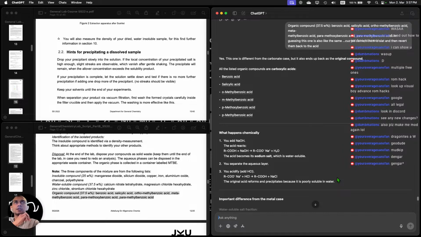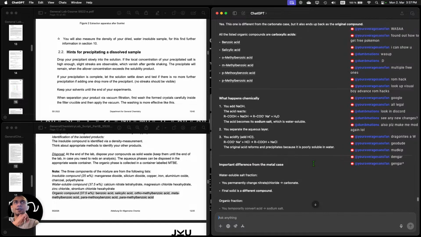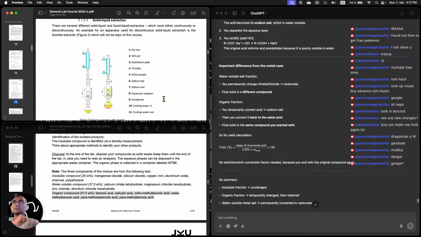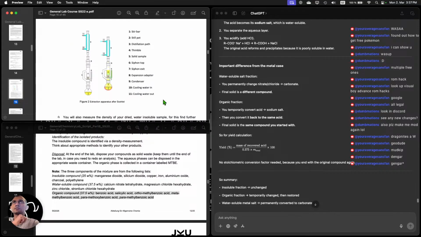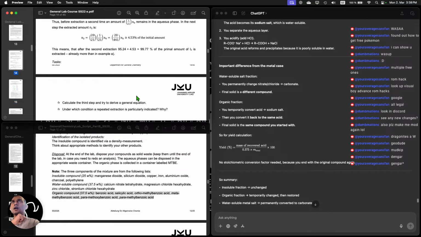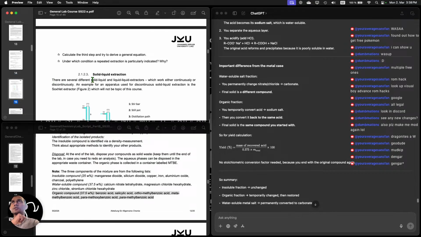RCOOH plus NaOH gives RCOONa. Yay. You will measure the density of your dried water-insoluble sample. For this, find further information in section 10. There are several different solid-liquid and liquid-liquid extractors which work either continuously or discontinuously.